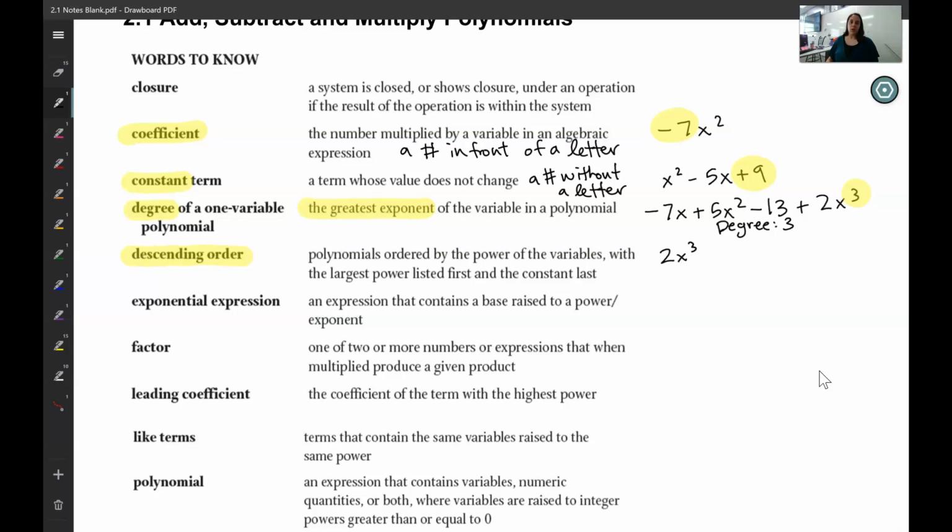So that one's going to go first. The next one is the 5x squared, so that one goes second. Then I have the negative 7x, so that would go third. And then the negative 13. So I take the exponents and I write them in descending order: 3, 2, secret 1, none. That's descending order. Always get in the habit of writing your polynomials in descending order from greatest to least.